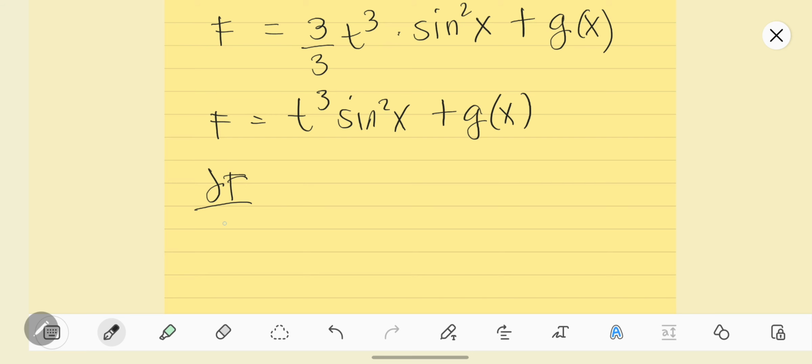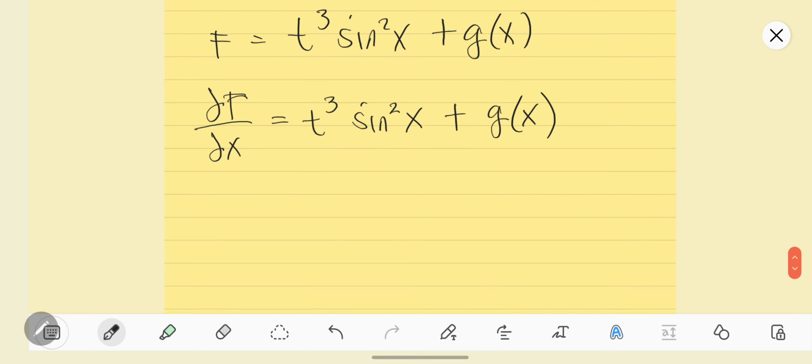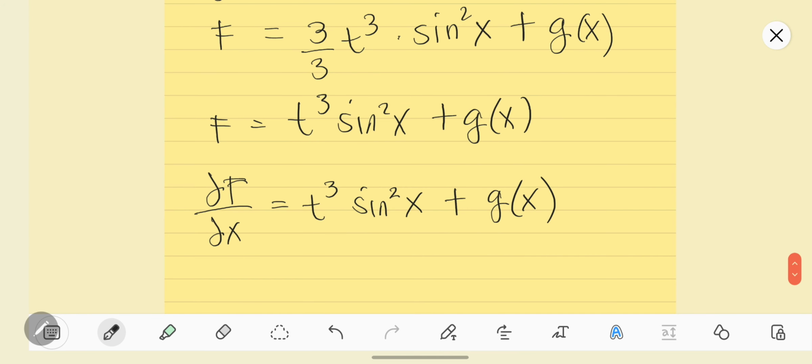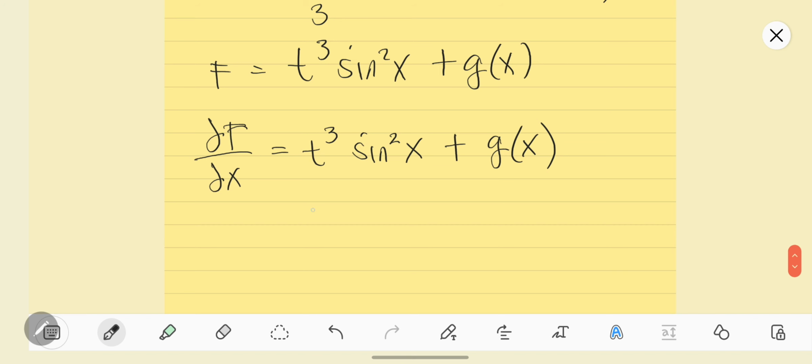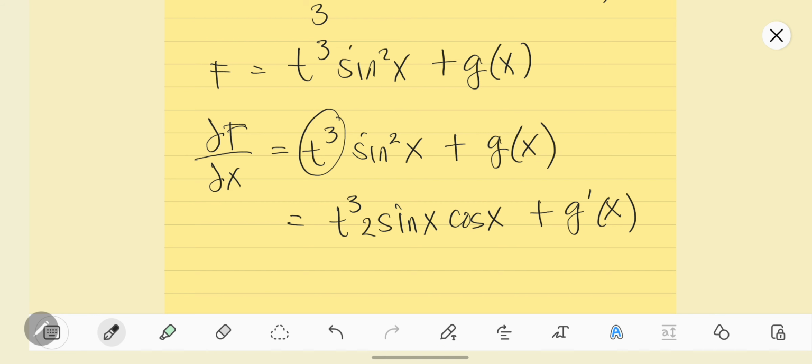So the df over dx is the derivative of t cubed sine squared x plus g of x. That's t cubed, because we are now with respect to x, this becomes 2 sine x cosine x, the derivative of sine squared x, plus g prime of x.